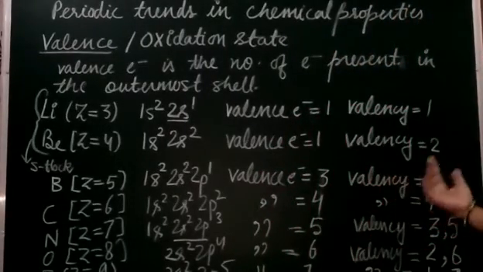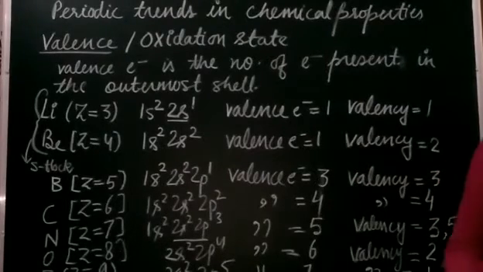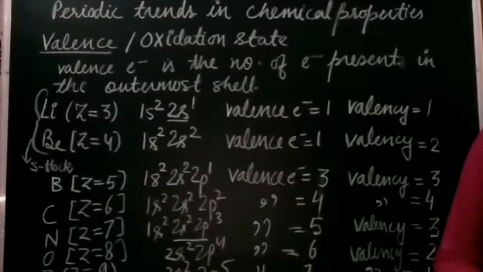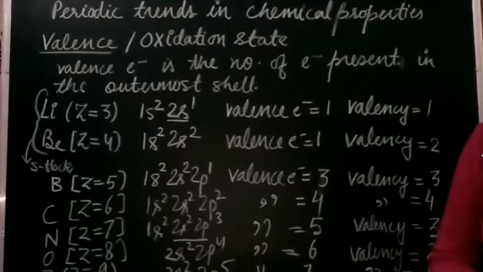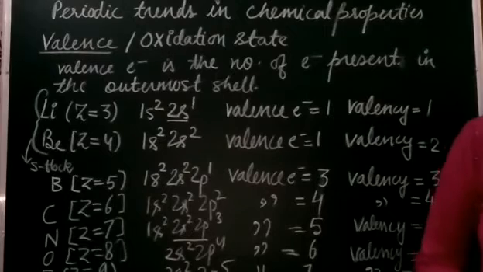And the higher valency will be shown where there is availability of d orbitals, or vacant orbitals. There the higher valency will also be shown, right students? So just go through it.